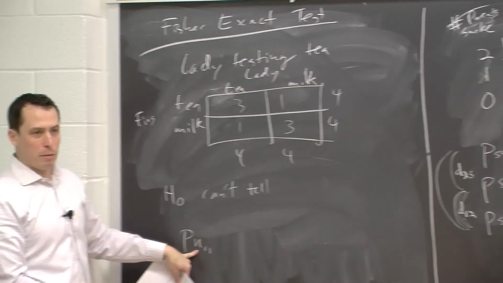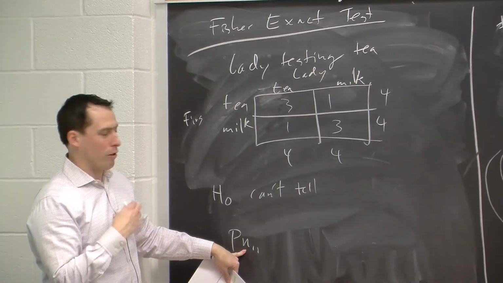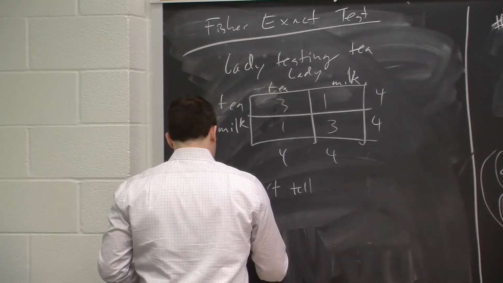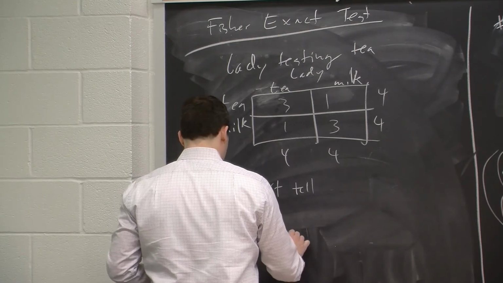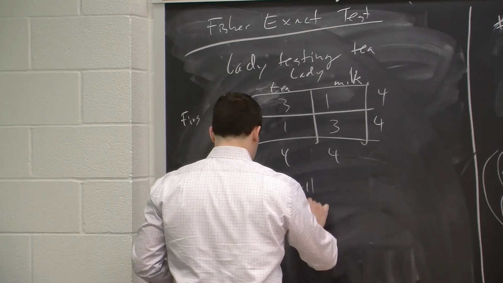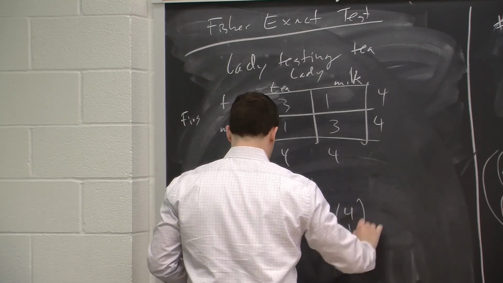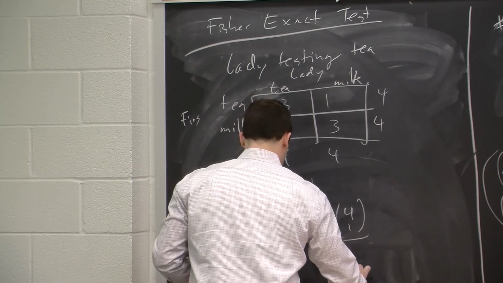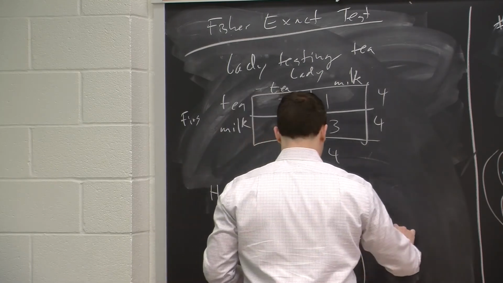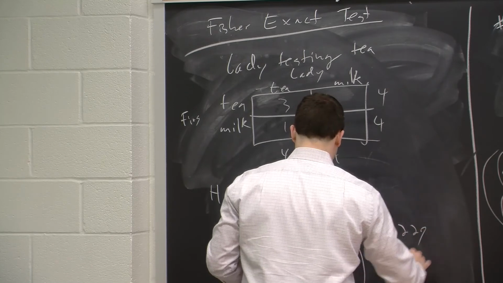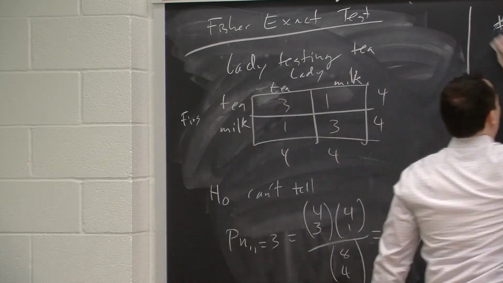So all I have to do is compute the probability of the number of black balls drawn from the urn. So the probability that n11 is equal to 3 is given by the hypergeometric, which is 0.229.